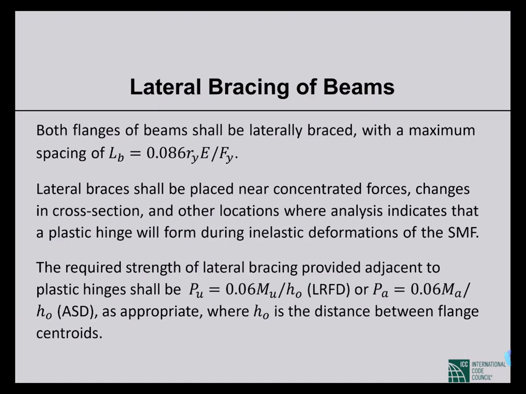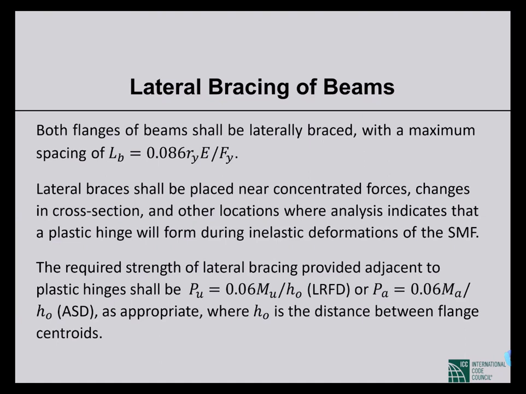The required strength of lateral bracing provided adjacent to plastic hinges shall be Pu equals 0.06 Mu by ho, or Pa for ASD, which is different. Anyway, for LRFD, Mu is the ultimate moment for ultimate load condition, the moment that will come onto it, divided by h we get the axial force.